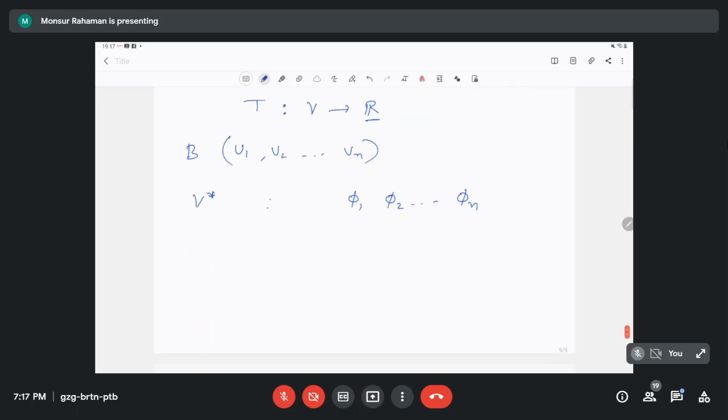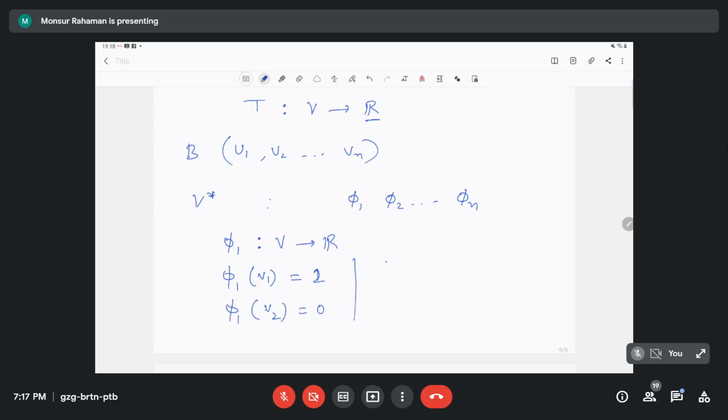Then phi 1 is a linear functional, a function from V to R, so you can send the basis vector v1. It will give 1, and if you send any other vector other than v1, like v2 or any other, all give 0.